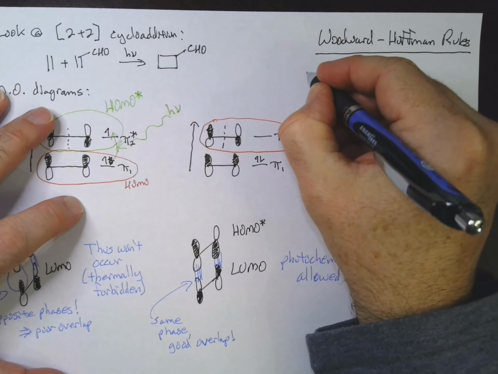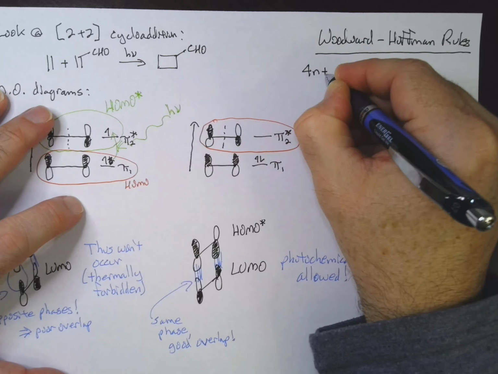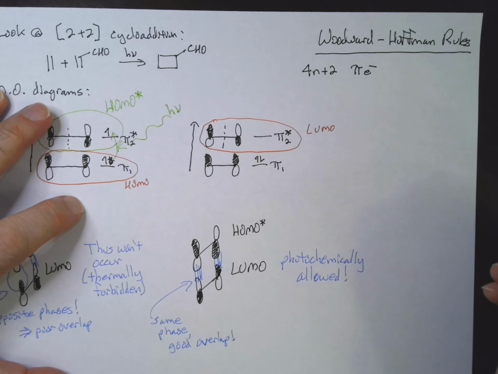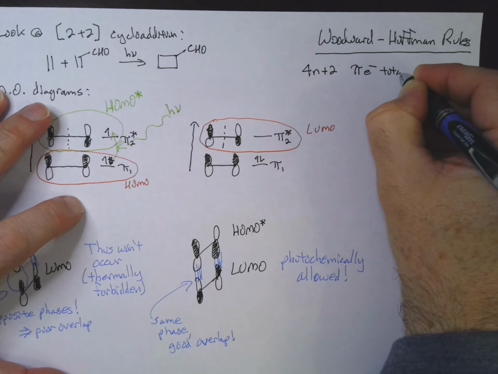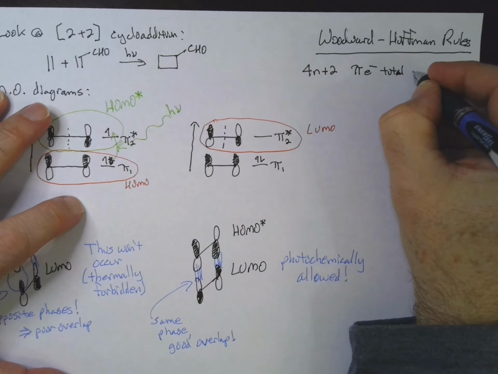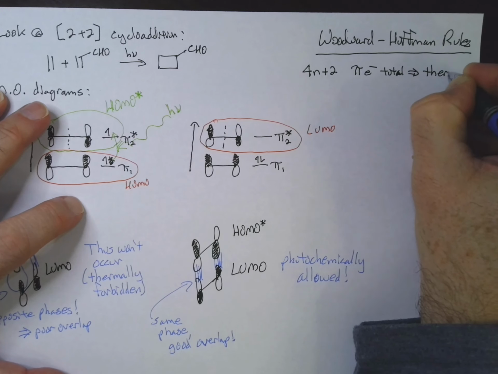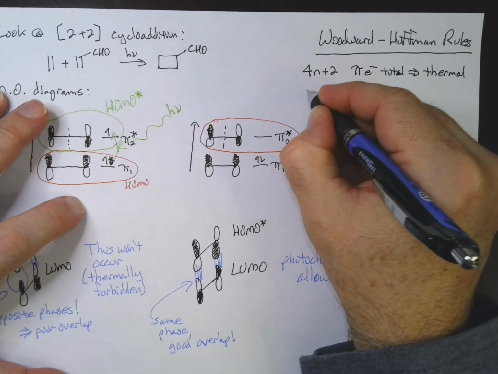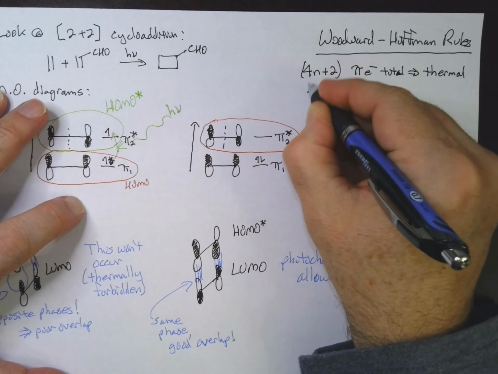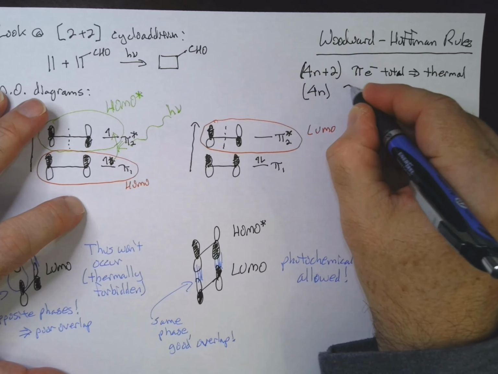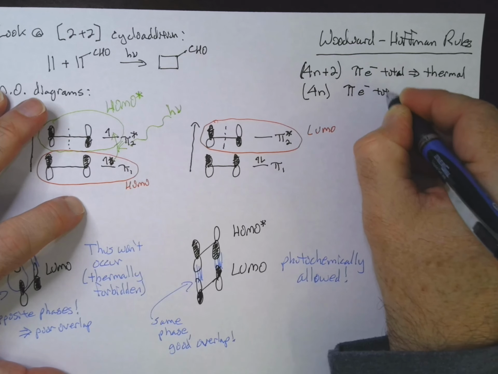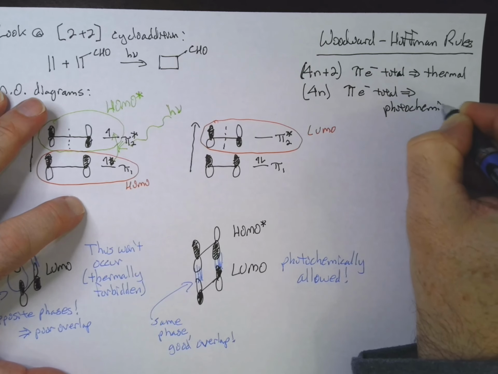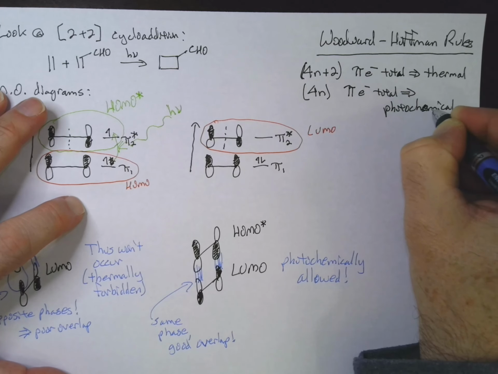And if we have 4n plus 2 pi electrons total, that is thermally allowed, photochemically forbidden. If we have 4n pi electrons total, that's going to be photochemical. So photochemically allowed, thermally forbidden.